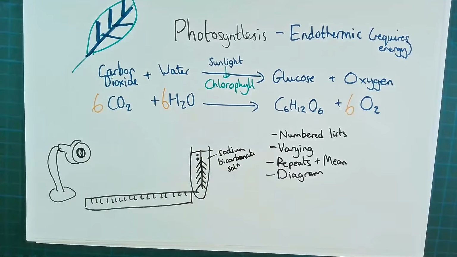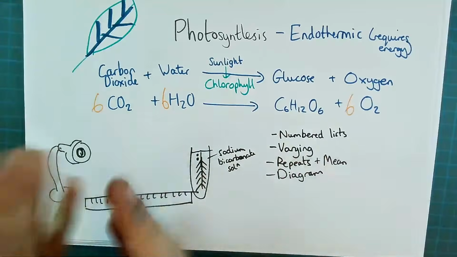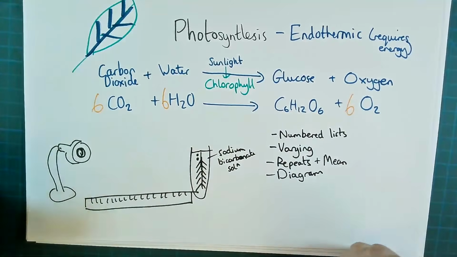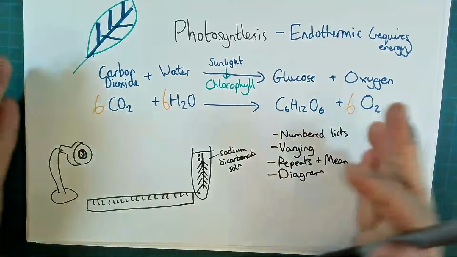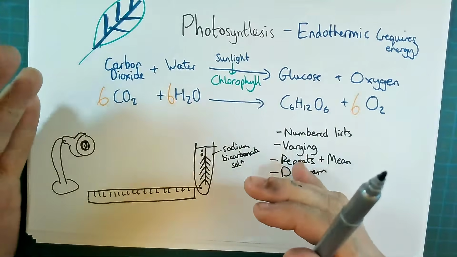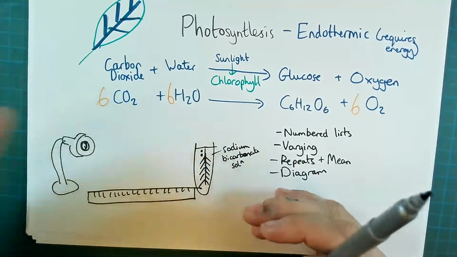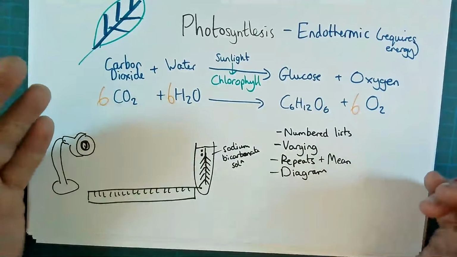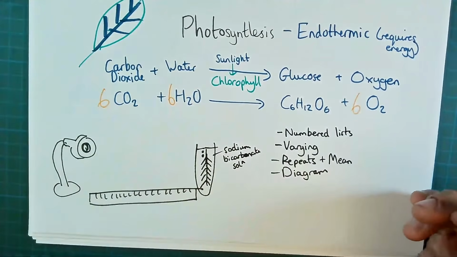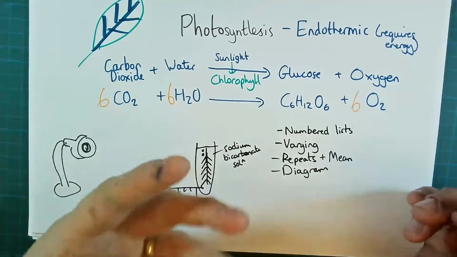I could also do it with different temperatures, so I can have the whole thing at different temperatures. All sorts of different things that you can do with it. If it says give a method, you're still going to need to give a method. But there's nothing wrong with drawing pictures.